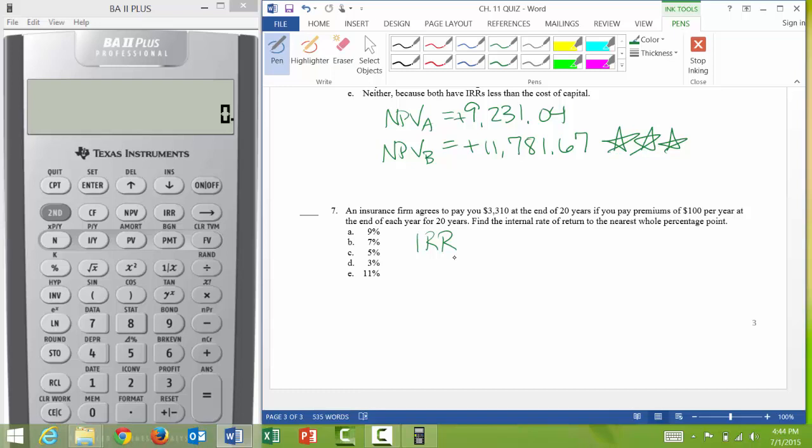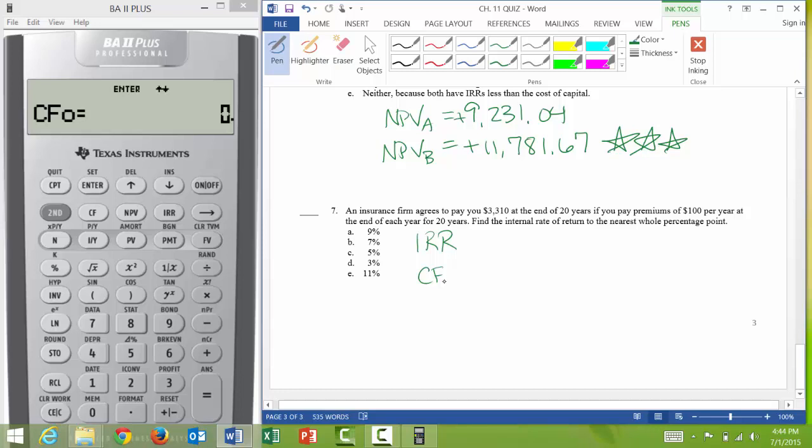So if I go over and hit the cash flow register, I hit second, clear work, and I'm going to pay negative $100 every year, and it's at the end of 20 years.